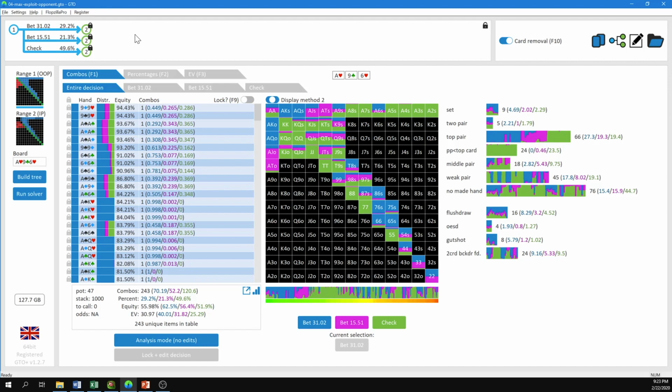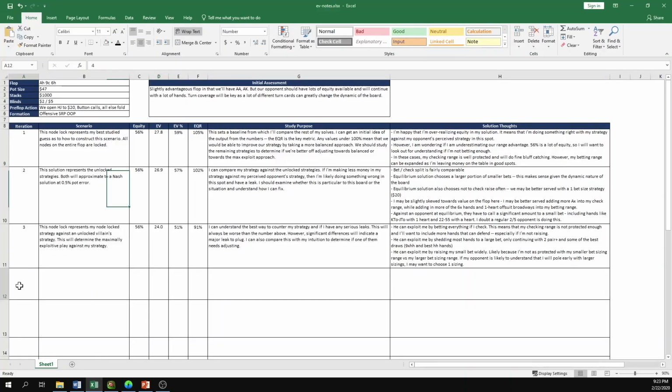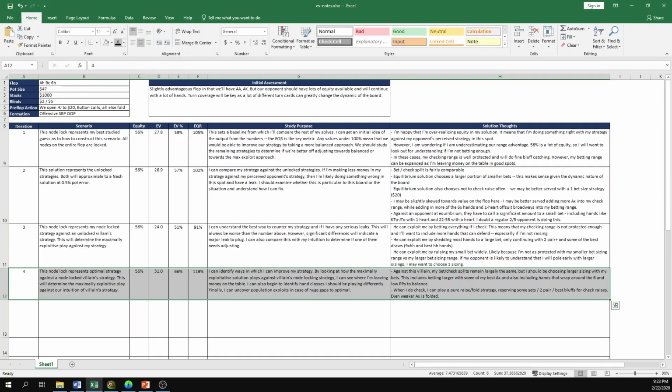So again, here I'm looking at the EV, and I plug this into my spreadsheet, and now you'll see my value is greater than my solve for number one. And it's always going to be greater than number one, because now I'm taking the locked villain strategy and saying, what is the best possible way that I could play against this strategy?